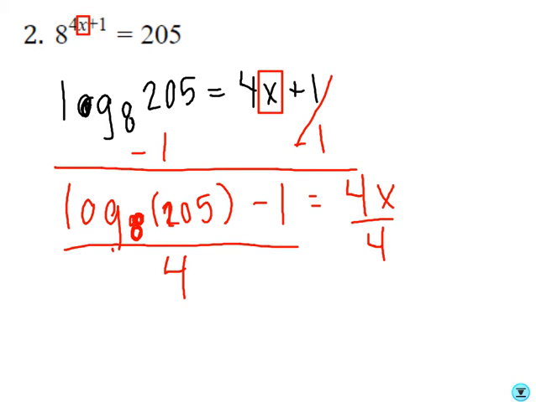So parentheses, log base 8, parentheses 205, close it, then subtract 1, close our parentheses again around the numerator, because we are trying to tell the calculator we want to divide everything by 4, and we get 0.38995. So this is basically going to become 0.39 is equal to x.